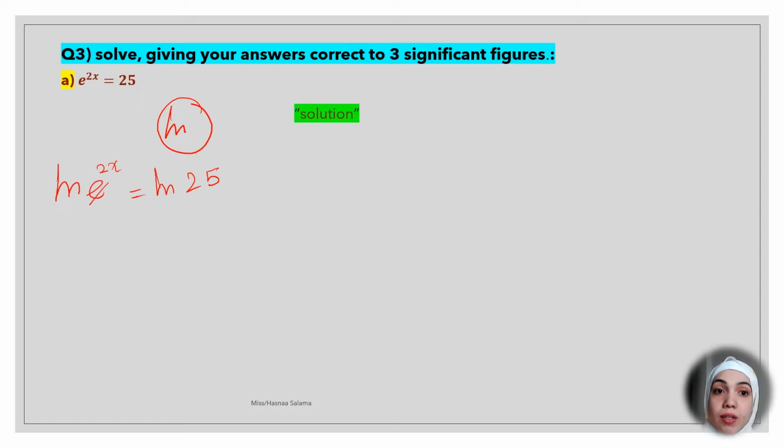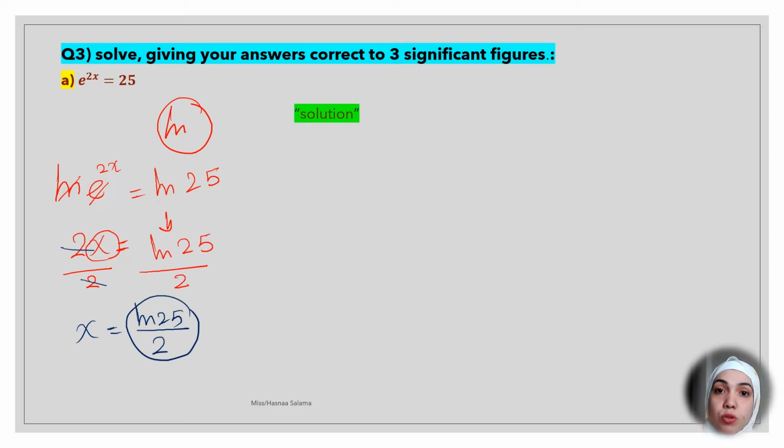The ln and e cancel together, so I have 2x only, writing the power, equal ln 25. To get the value of x, I will divide by 2 on both sides, because here we have multiplication and the inverse of multiplication is division. After cancelling, x equal ln 25 over 2. Get it with the calculator, but don't forget 3 significant figures.